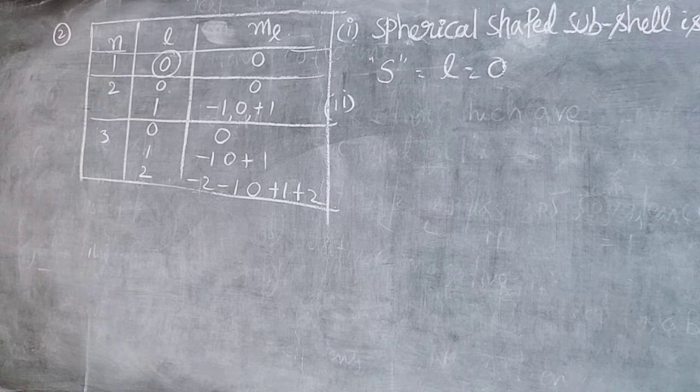Next, the internal choice question is: why does carbon form compounds mainly by covalent bonding? We have to see this. It is the same question for internal choice.